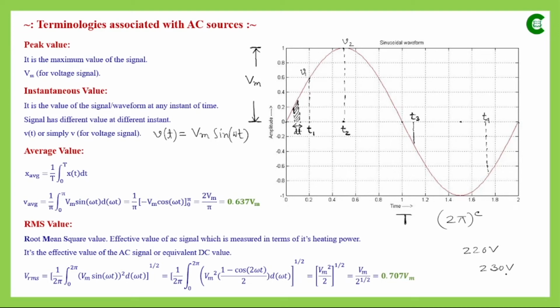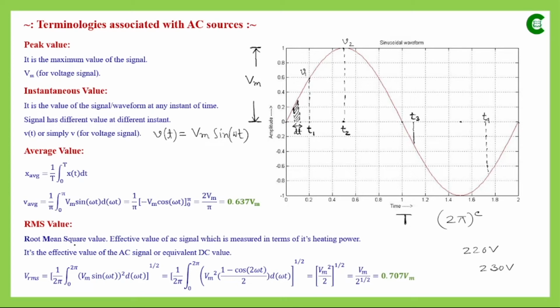So the RMS value we can say is the effective value of any AC signal, which is measured in terms of its heating power. So in case of an AC signal which is varying in nature, the RMS value is the effective value, or we can say it is the equivalent DC value of that AC signal. Now how to find the RMS value?